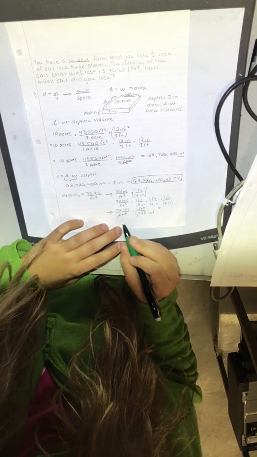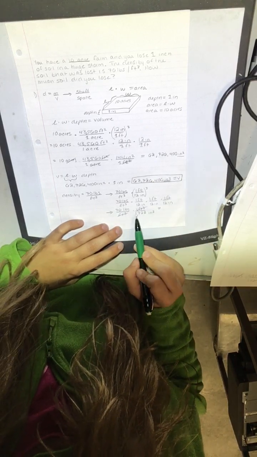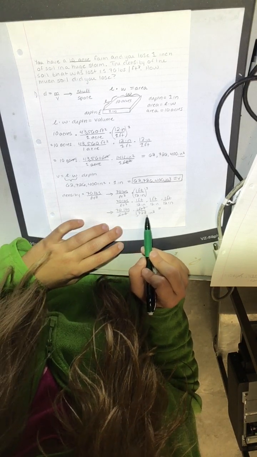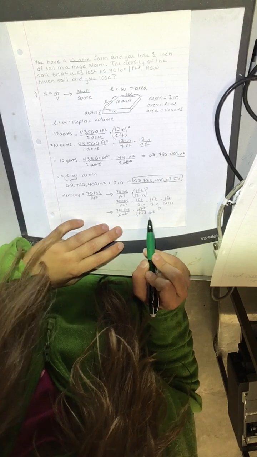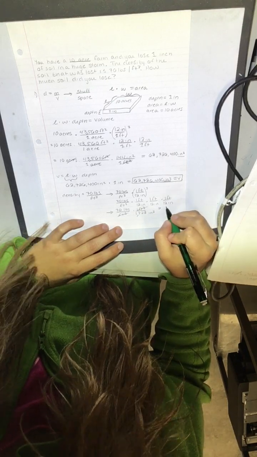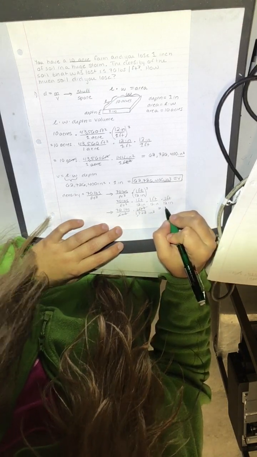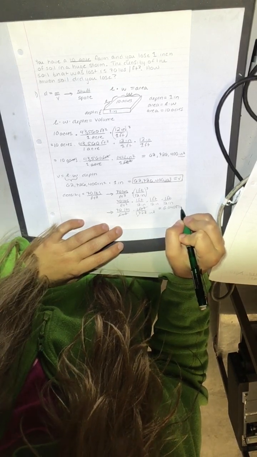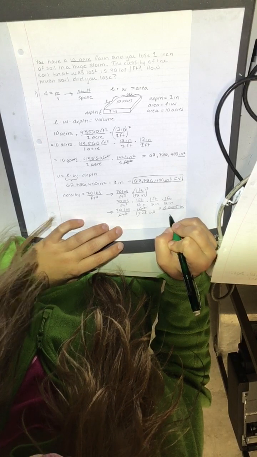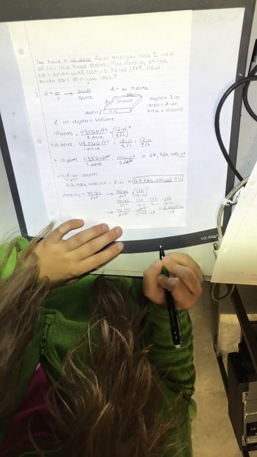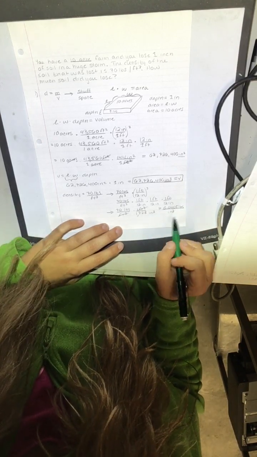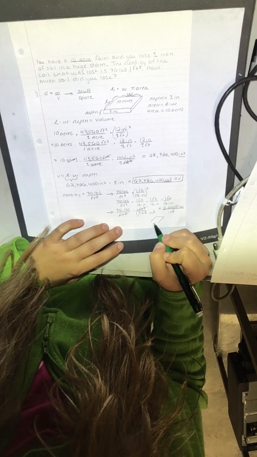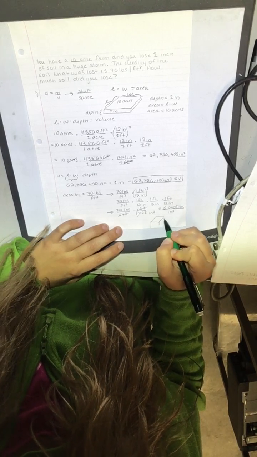So by following the units, we'll do 70 pounds divided by 1,728 cubic inches, and that's going to give us a density of 0.0405 pounds per cubic inch.